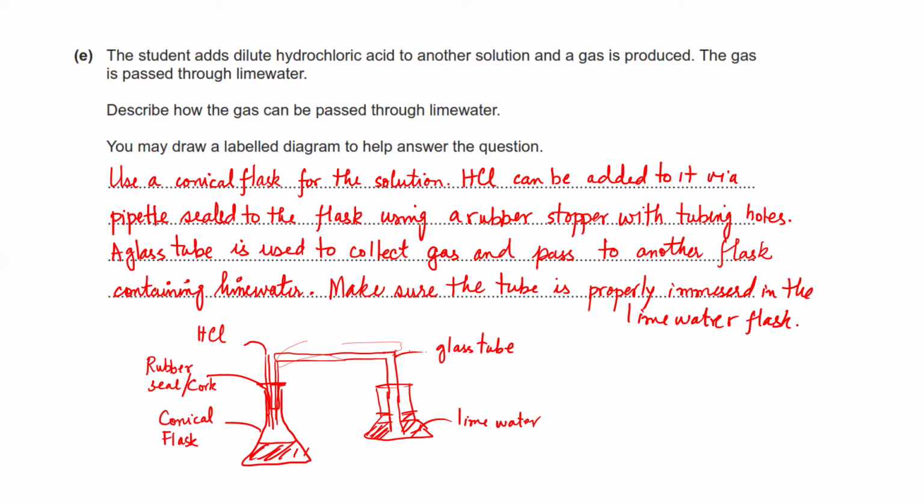If you are just releasing the gas above it, it will not properly react with lime water. So this is how you can write it. Again, I have tried my best, but I hope that you have understood the process. And you can write it in a much better fashion than me.